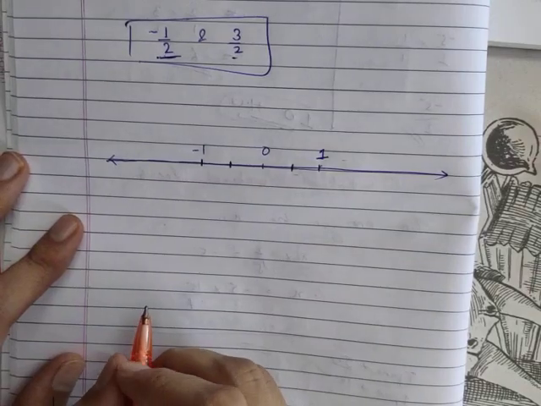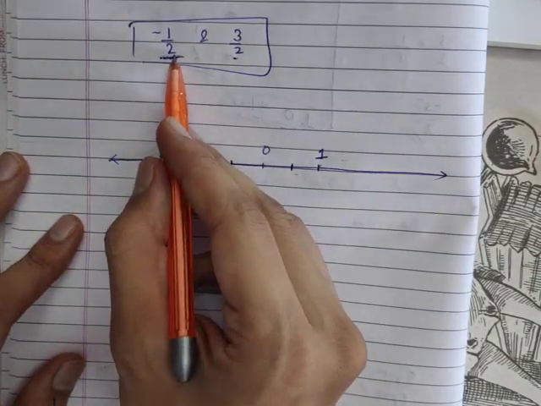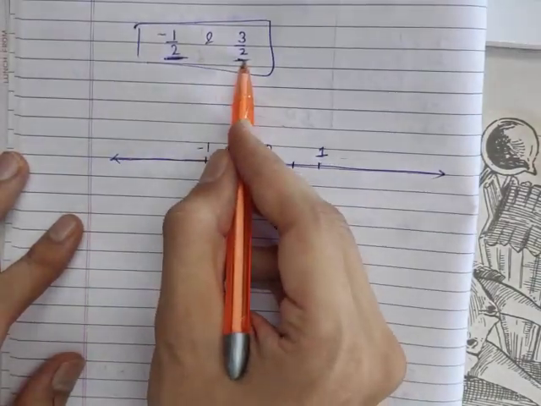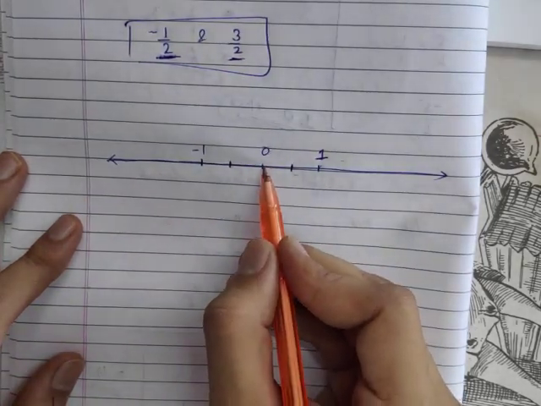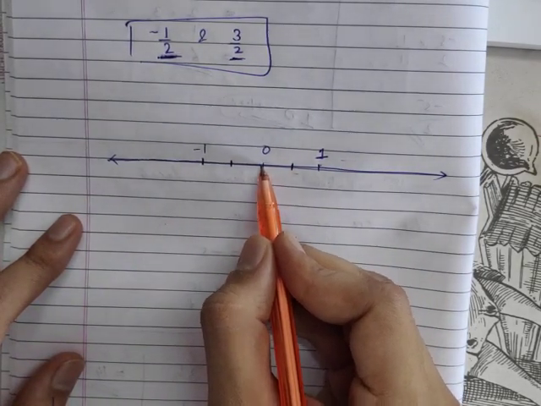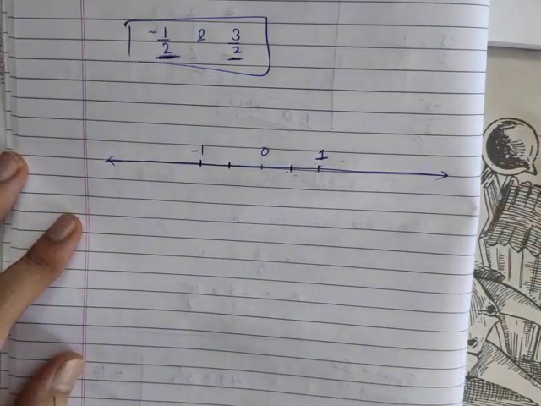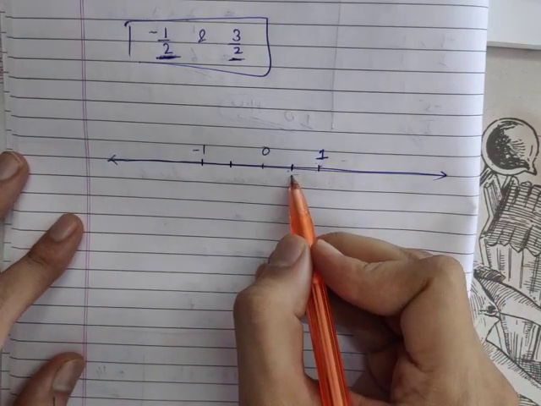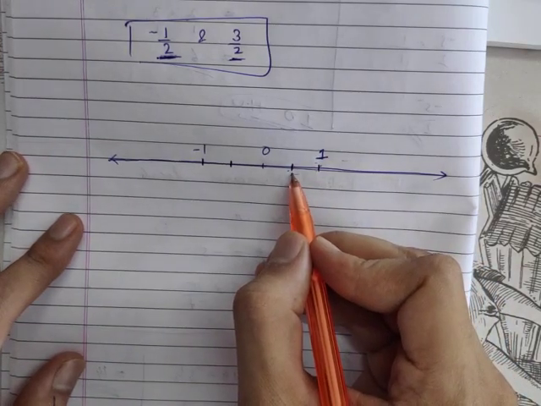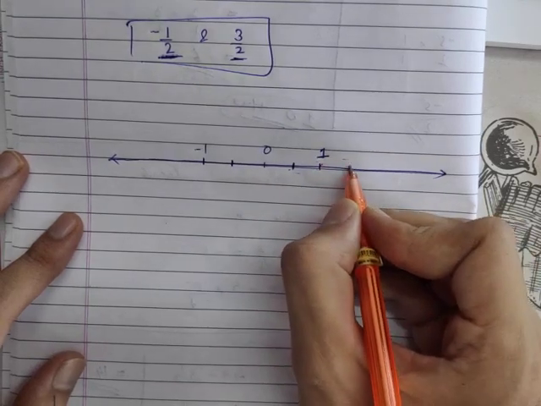So what did I do? Because the denominator is 2, I need to keep a gap of 2 between every number. So between 0 and 1, the gap is 2. Or distance of 2. Okay? Similarly, if I have to mark the number 2, what will I do? Will I write here 2?